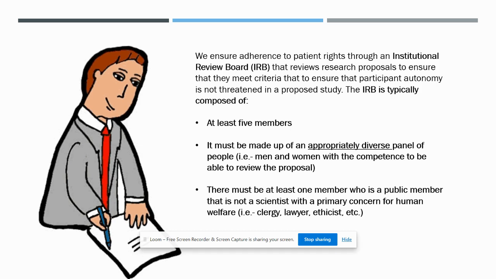So the IRB committee is typically composed of 5 members, and this has to include an appropriately diverse panel of people. Ultimately, we want that IRB review panel to be as representative of the heterogeneous population as possible.